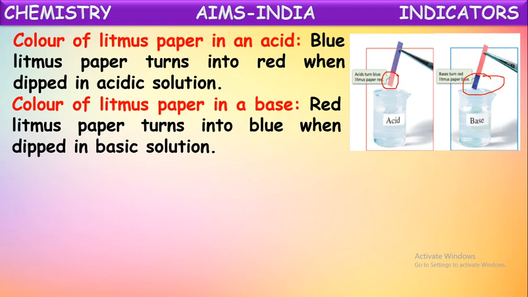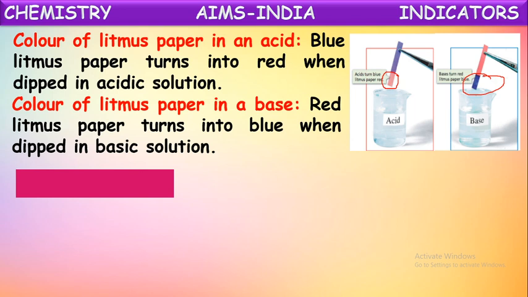If you dip blue litmus paper into an acid, it turns red. If you dip red litmus paper into a base, it turns blue. In this way, litmus papers show different colors with acids and bases, and hence those substances can be identified or detected.